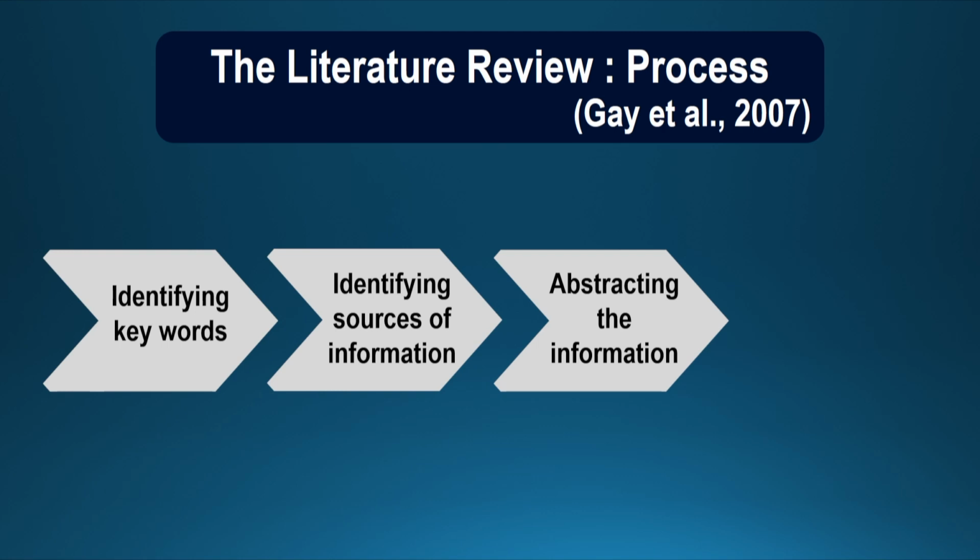Now once you identify which preliminary, primary, and secondary sources you are going to access, the next step in the process of research is to abstract the information from those sources of information. Let us first see the order which you would use to access the information from various sources. Would you start from primary sources of information, go to the secondary sources of information, and then go to the preliminary?